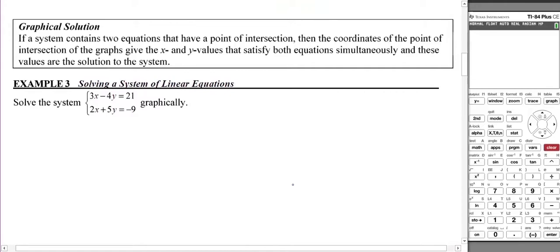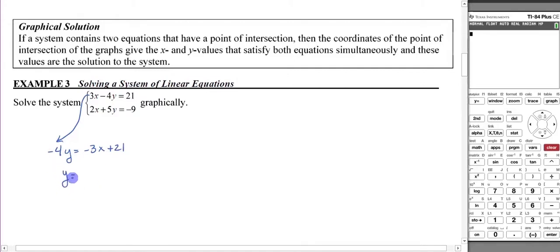We can do a graphical solution. This will give you a little more insight into why we have to have an x and a y solution to these systems. We can solve this system graphically. So first off we need to get this into y equals form so that we can put it into our graphing calculator.